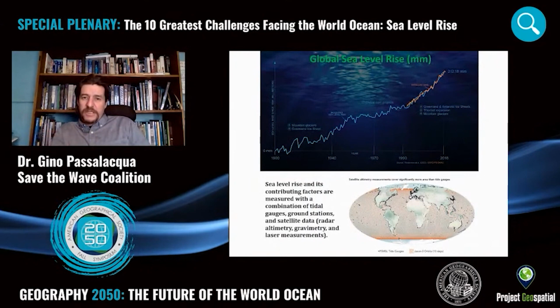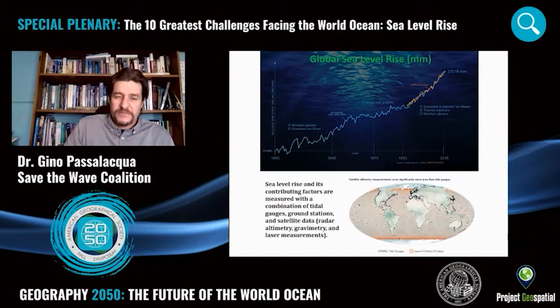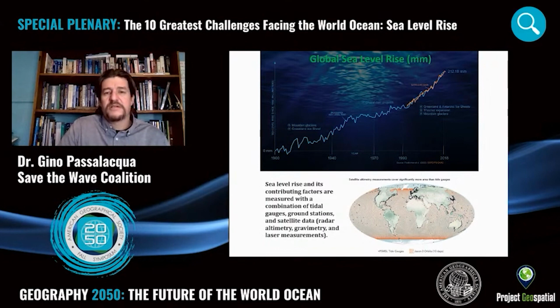So we know that sea level is increasing, and there are different factors that contribute to this. Earlier this year, Frederiksen et al. published a paper where they looked into these factors. From 1900 to 1940, mountain glaciers and Greenland ice sheets were the main contributors.